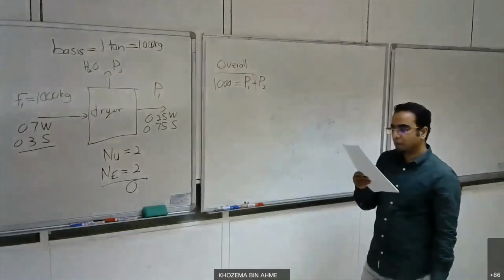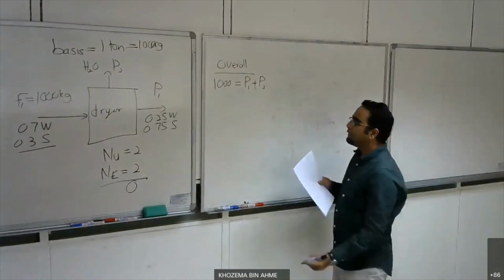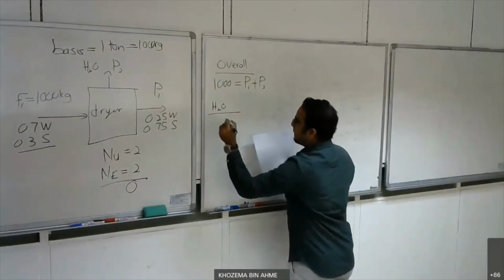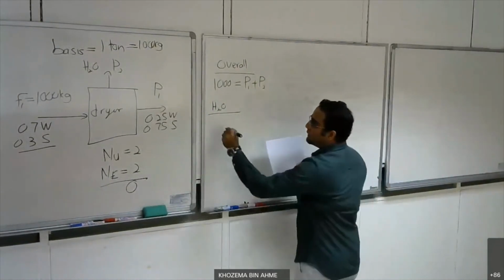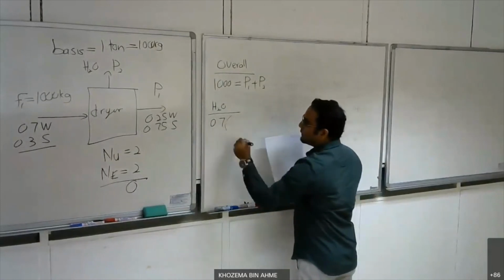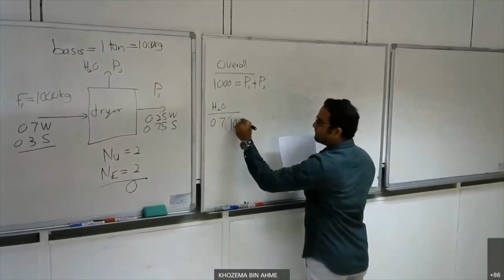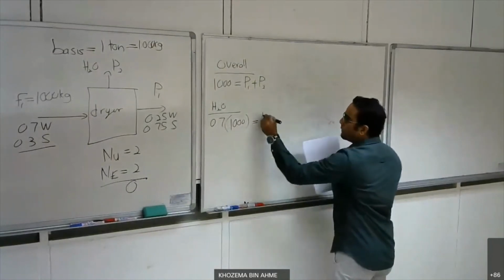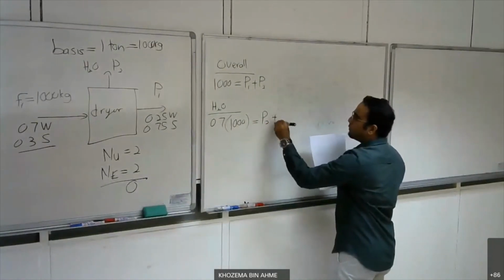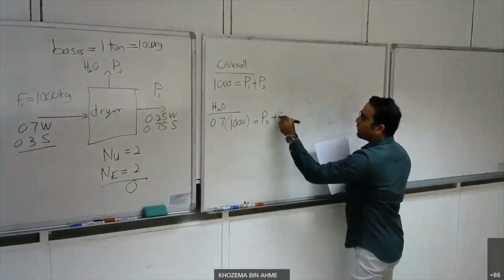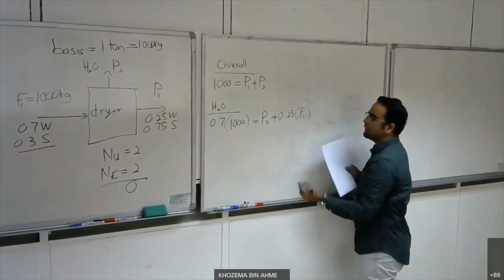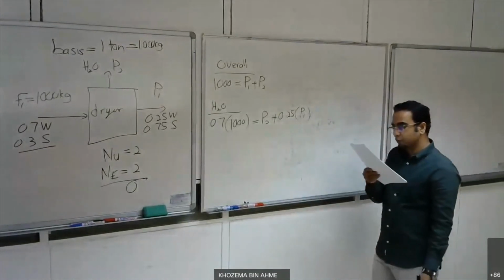That is my overall balance. If I do balance on water, I know that 0.7 times 1000 is equal to P2 plus 0.25 times P1. That is my second equation.